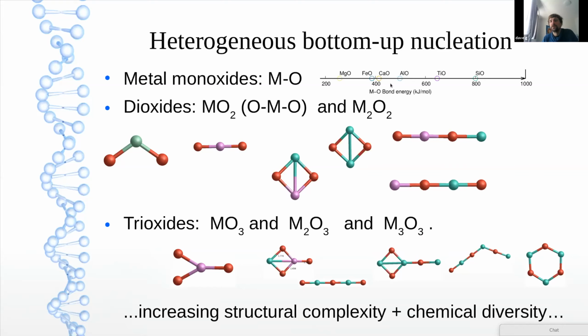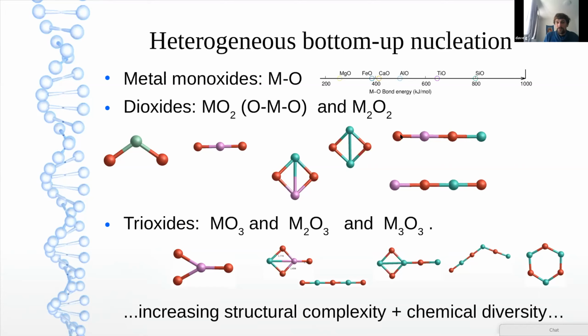If you look at that, you will find that silicon monoxide is the most stable metal oxide, followed by titanium monoxide and aluminum monoxide and some other oxides. But the structures of those have no freedom. This is just a diatomic molecule.